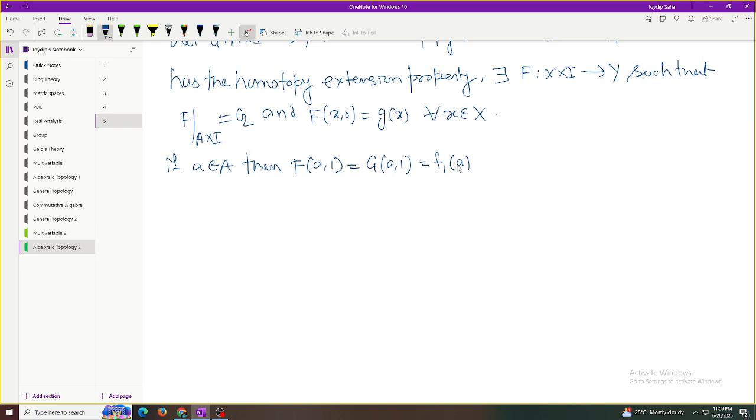Hence f restricted to X cross 1 is an extension of f1.